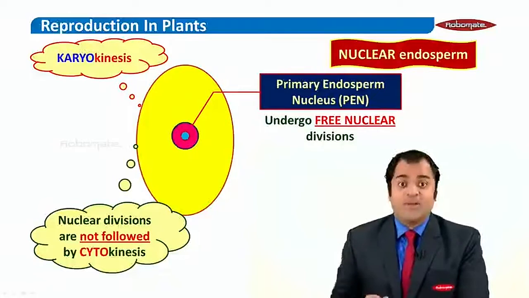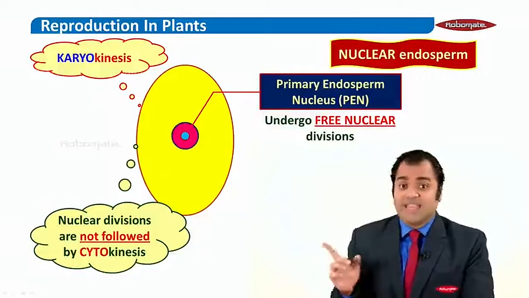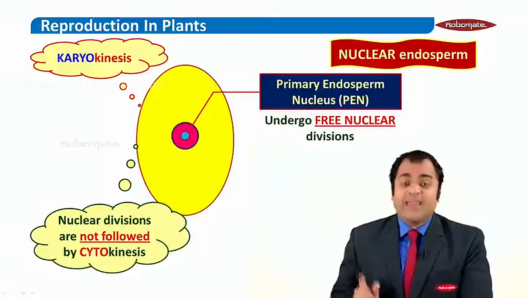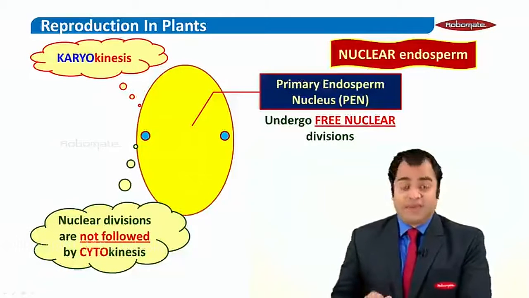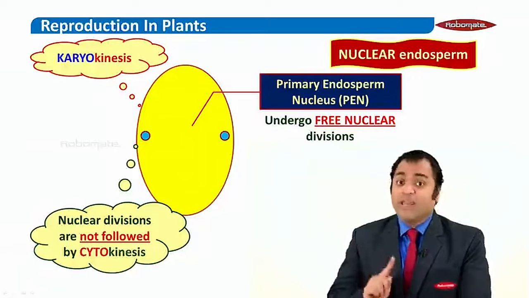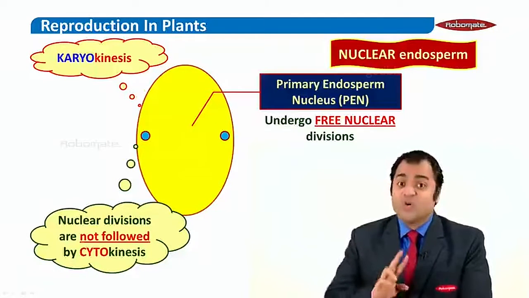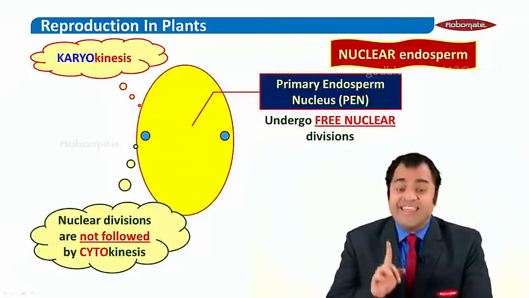Let us see how. What you had here was a single nucleus, right? Now this single nucleus will first divide to give you two nuclei, by mitosis. Only nuclear division, right? There is no cytoplasm dividing yet.